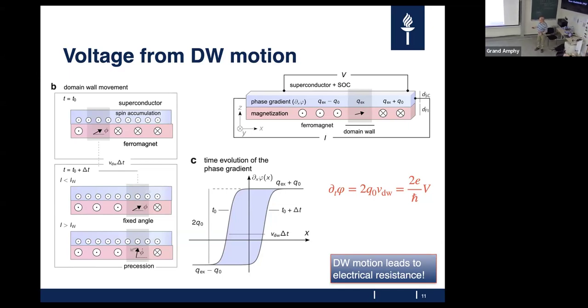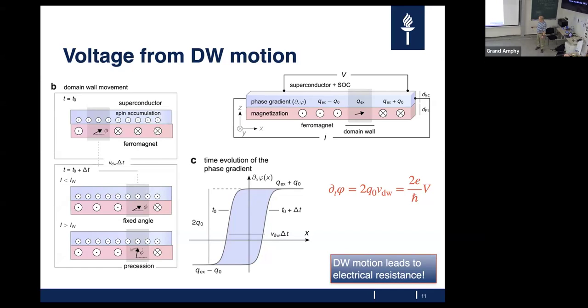And now you can plot the phase gradient as a function of position first at time t0, and then at time t0 plus delta t, so that it goes from qx minus q0 to qx plus q0 along the domain wall.